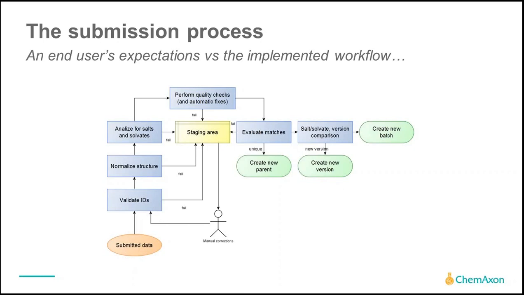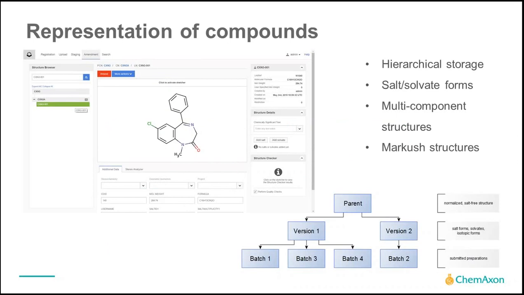I have mentioned hierarchy twice already. So what is this hierarchy that we are applying? We're storing the structures in the compound registration in a hierarchical fashion. On the top of the hierarchy sits the parent structure, which is really a virtual representation of the molecule. This is salt-free and isotope-free, really just the pure structure itself. To each parent structure, multiple versions can belong.